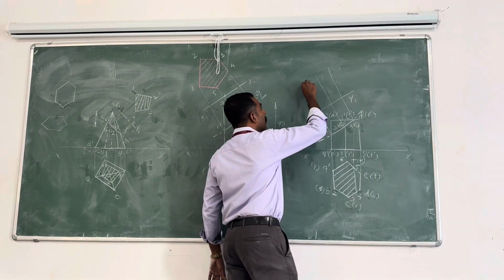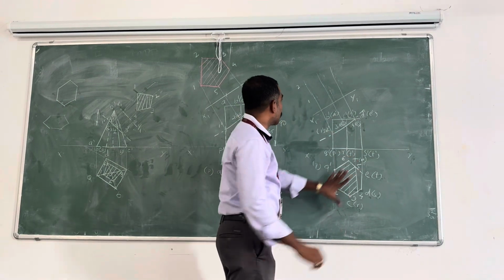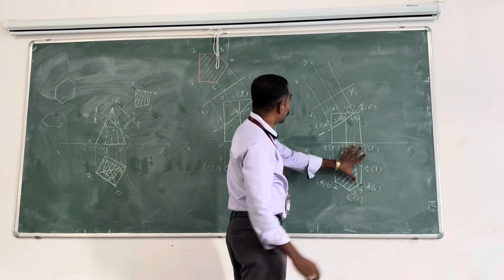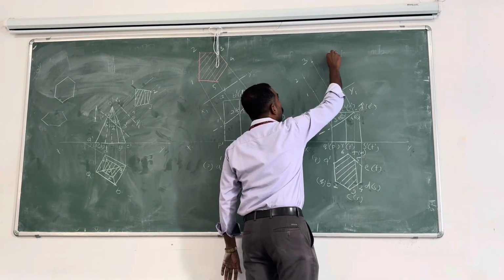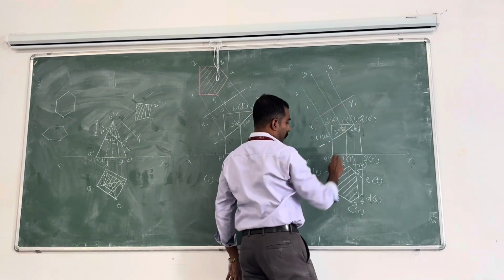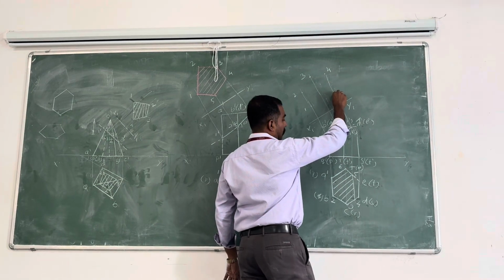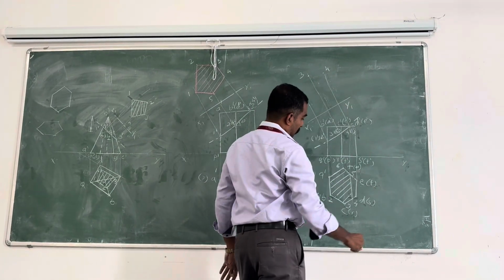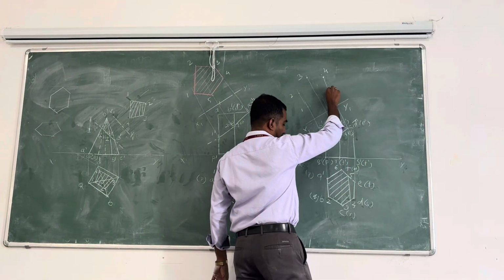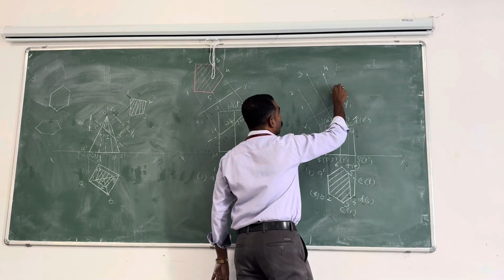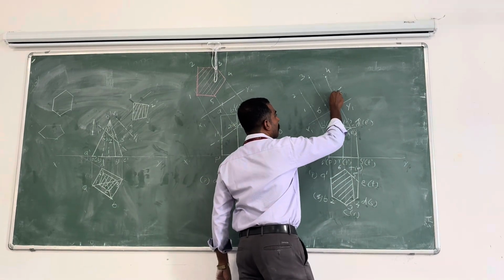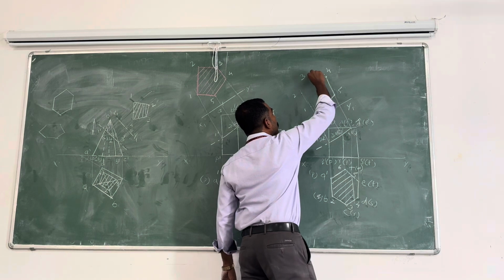This is 1, this is 2, then 3, the distance of 3, then 4, the distance of 4, then 5, another 6, the distance of 6. When you join them you get this.